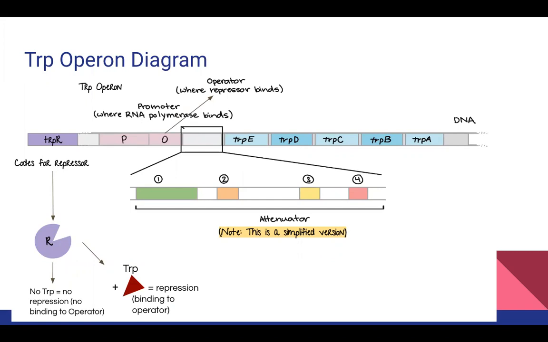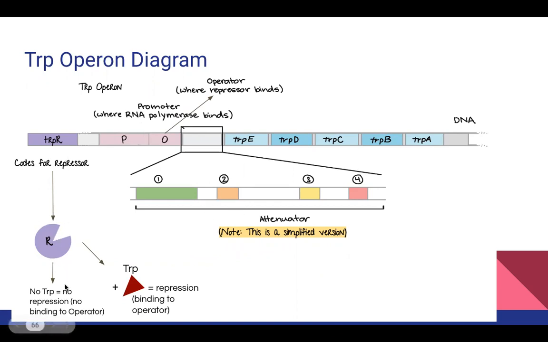Yeah, so in the TRP operon here, you can see that at the beginning of the operon, well, this is the TRP operon itself, all of this downstream of TRPR. TRPR is a gene upstream of the TRP operon that codes for the repressor that works on the TRP operon.